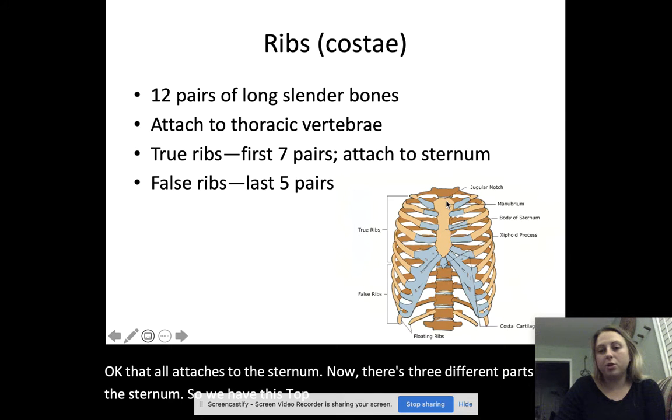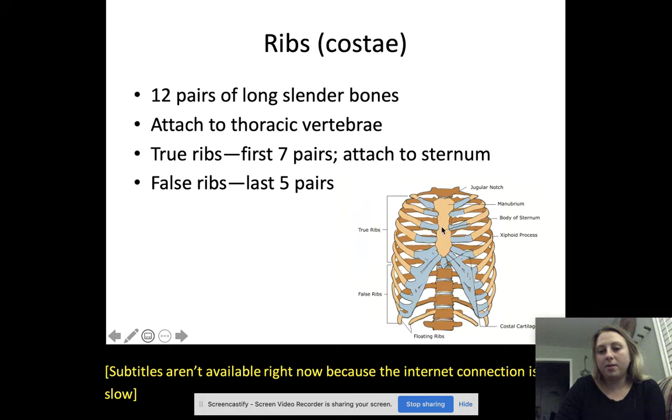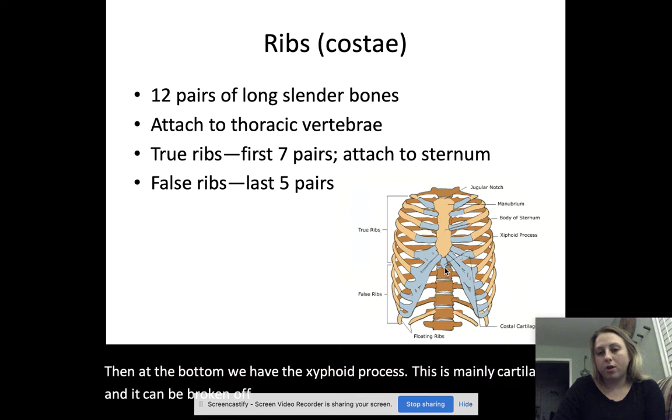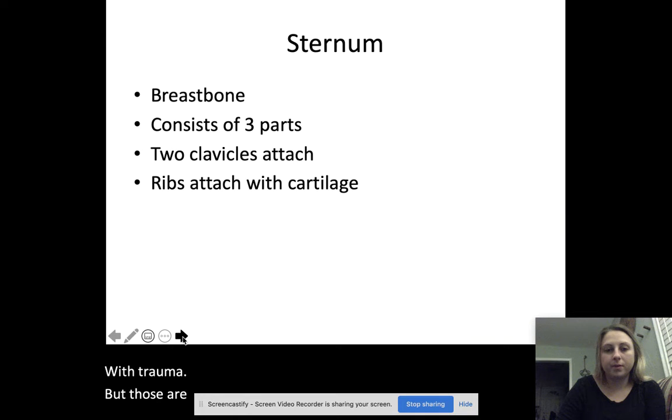It's the manubrium. You can see it spelled right here, manubrium. Then we have the body of the sternum. Then at the bottom, we have the xiphoid process. This is mainly cartilage, and it can be broken off accidentally with trauma. But those are the 3 parts of the sternum.